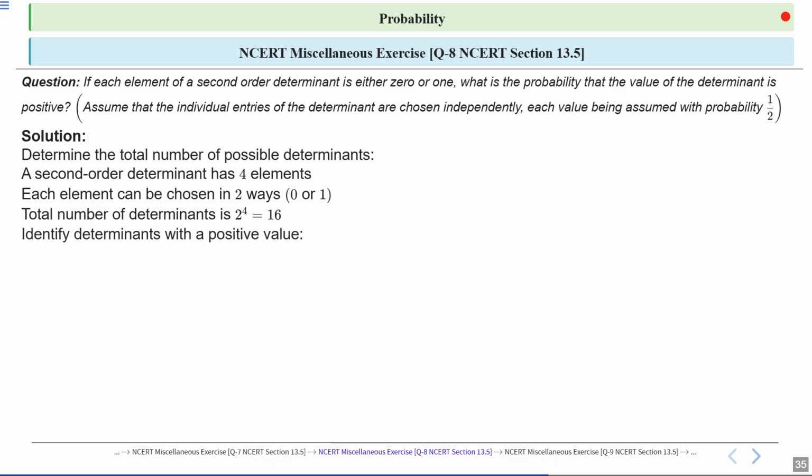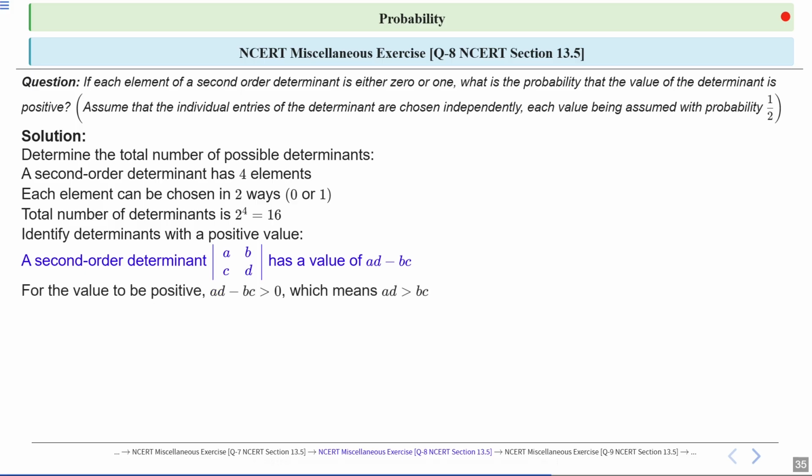Now to identify determinants with a positive value, check if the determinant's value is greater than 0. A second order determinant with entries A, B, C, D has a value of AD minus BC. For the value to be positive, AD minus BC should be greater than 0, which means AD greater than BC.